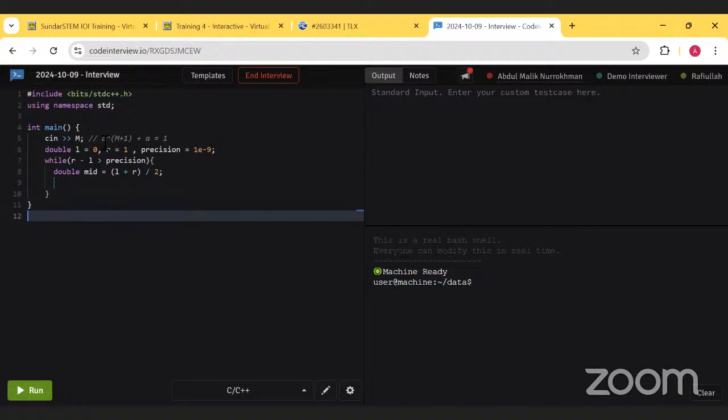Okay, and then this is the formula. We want to solve for variable a. Because this is double, we can use function pow.